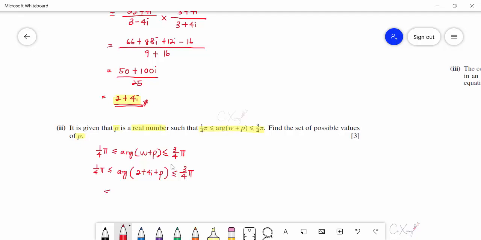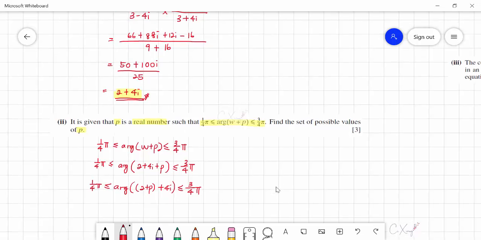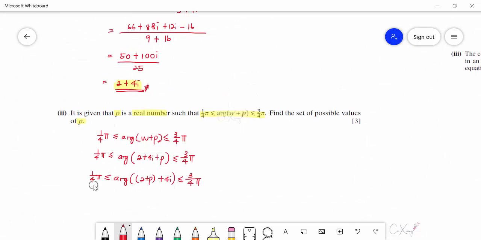And from here, I will try to rephrase it as the real part plus the imaginary part. So it is telling us that the argument for this complex number ranges from pi over 4 until 3 pi over 4. So how do we actually find the argument for a complex number?